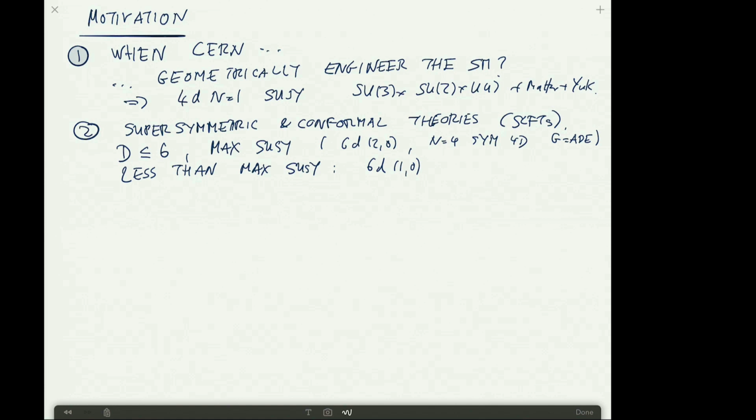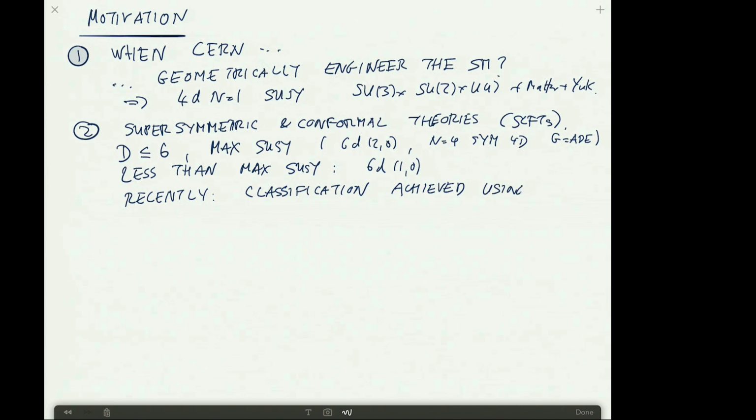So N=1, meaning you have a chiral supersymmetry, which is half the supersymmetry of the maximally supersymmetric case where everything is just a gauge group ADE. And actually, recently, this classification was achieved using geometric engineering.